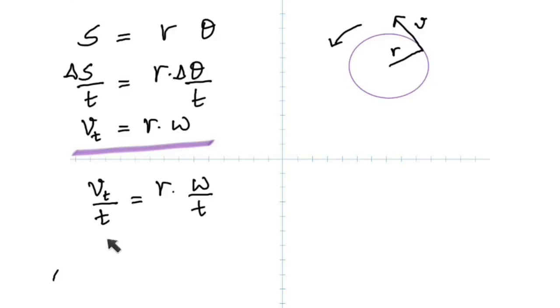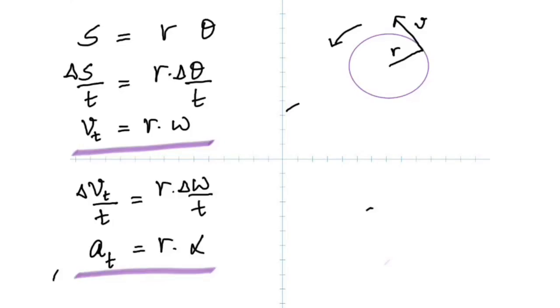So this term now becomes the tangential acceleration, and this term becomes the angular acceleration. So now we have the second formula. That is, tangential acceleration is radius multiplied by the angular acceleration.